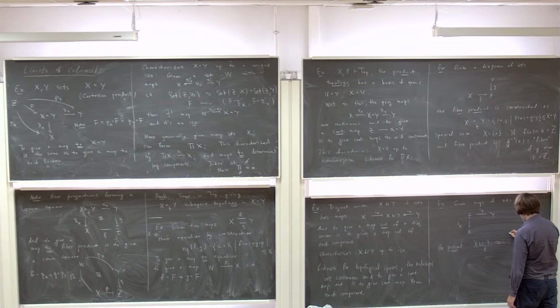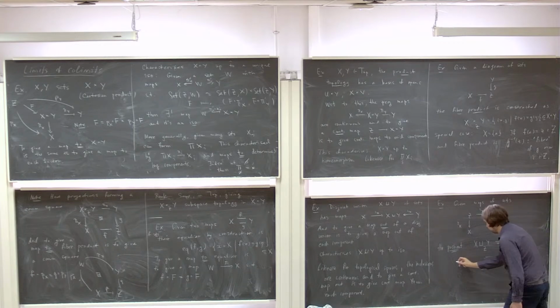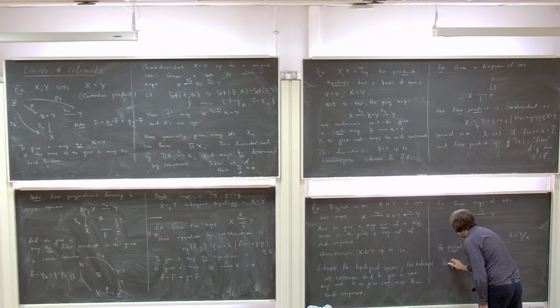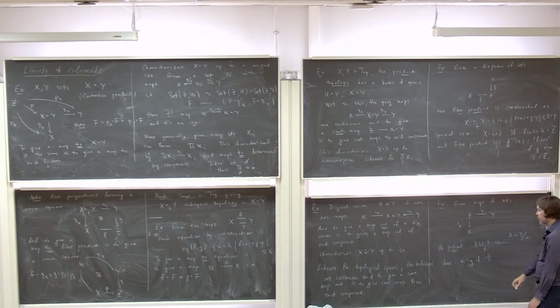So this is constructed as I form the disjoint union, and then I impose an equivalence relation where x is equivalent to y if they're both in the image of the same point.